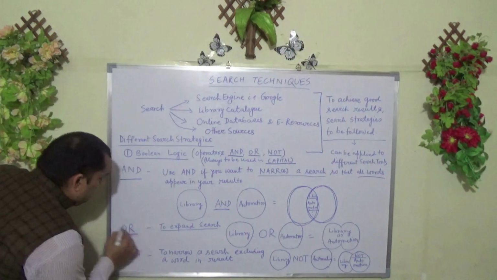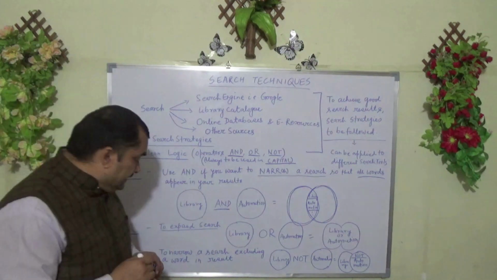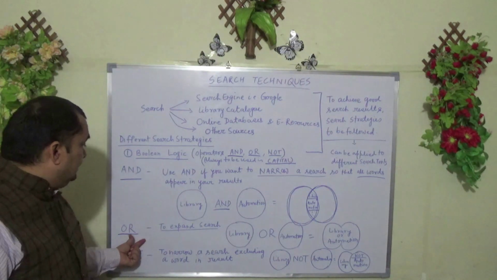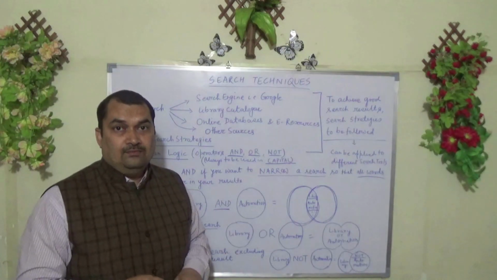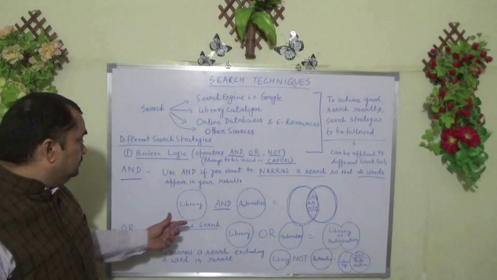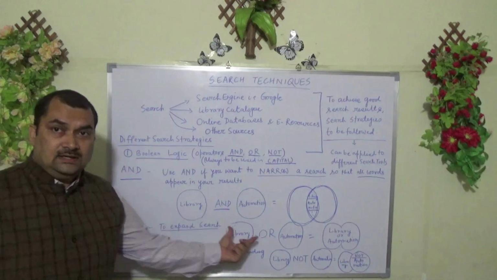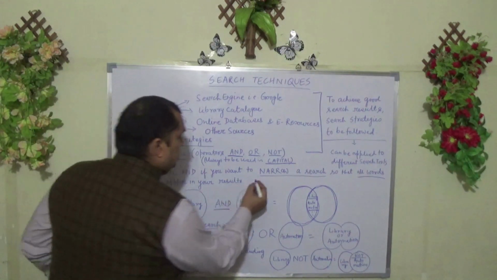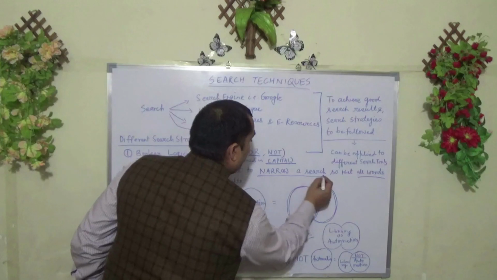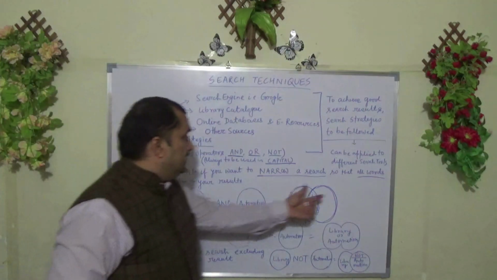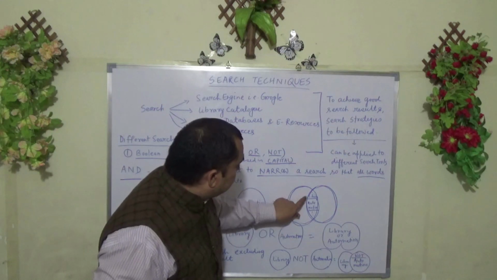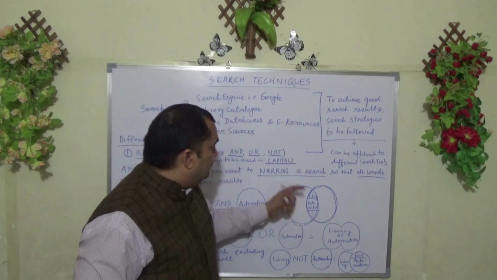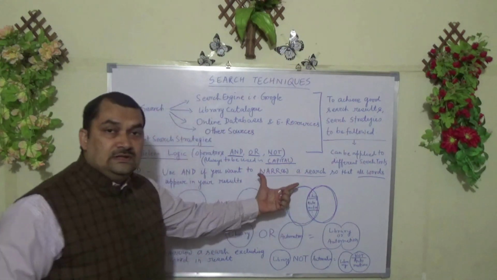The second operator is the OR. This operator is particularly used when we want to expand search. Here we have seen that we wanted to narrow our search, wherever it finds library and automation. So it has found library and automation and given the narrow search.